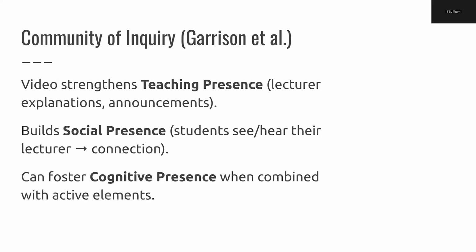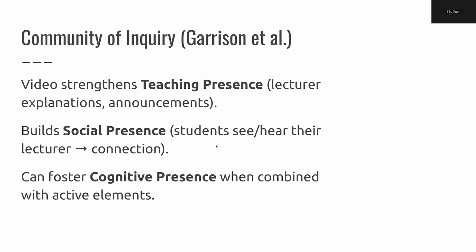And cognitive presence then is using other types of active elements. H5P is an example where you can add that layer of interactivity and engagement on top of video. So that gives you a kind of cognitive presence combining with active material.